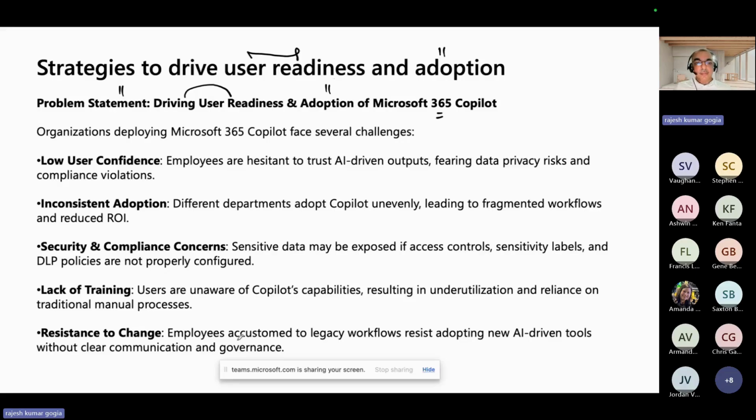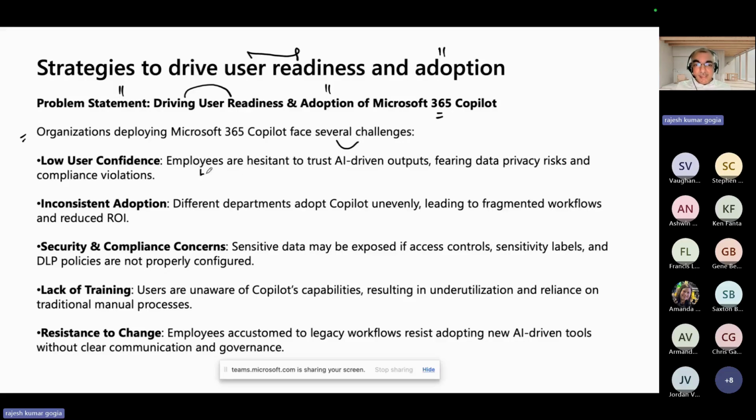For Copilot. Now, whether the users are ready, whether the organization is ready, that becomes a challenge. And every organization faces several challenges, isn't it?